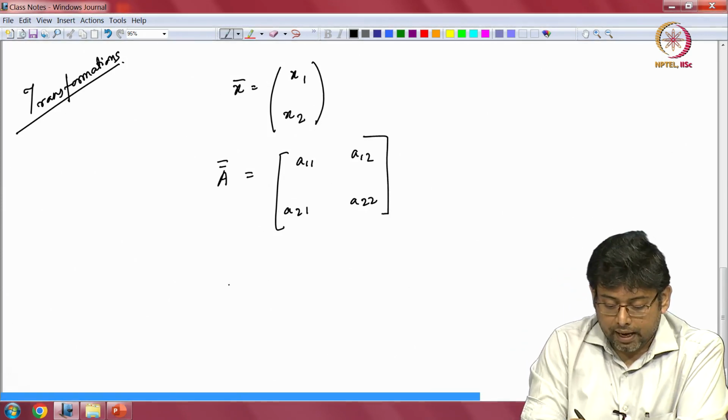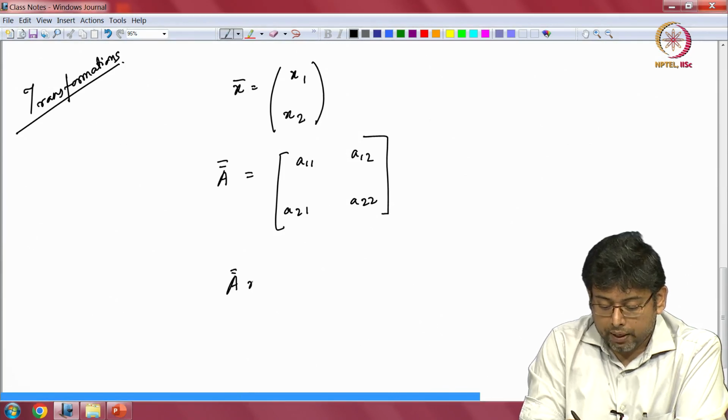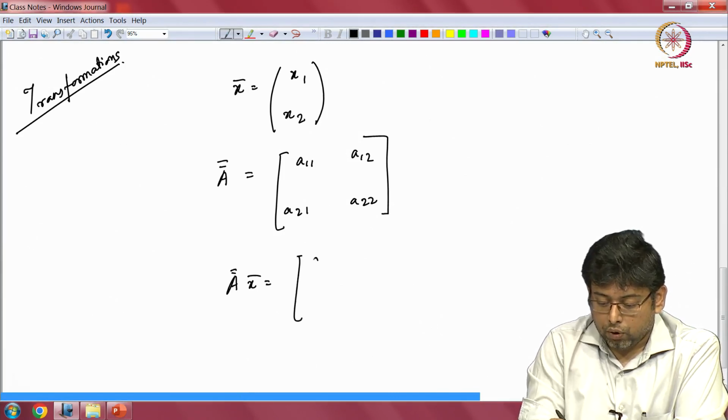And you can quickly check that because you can now have this operating on x. So you know how to do matrix multiplications.